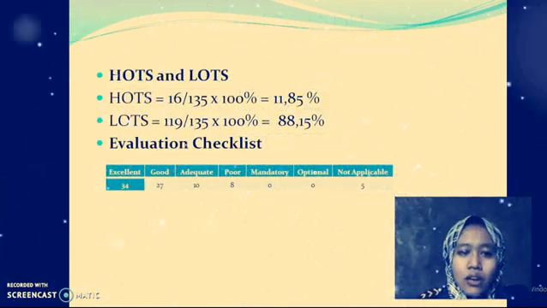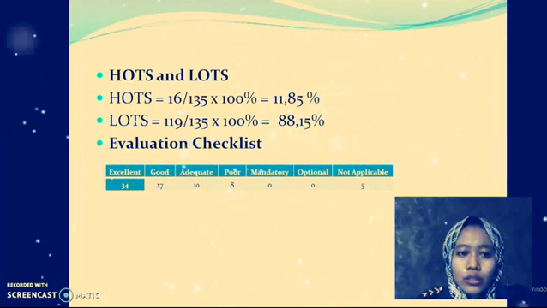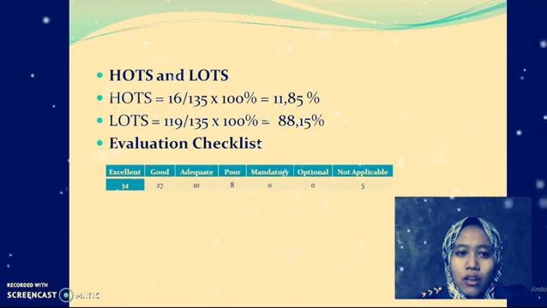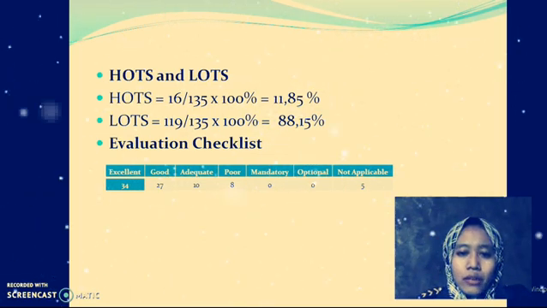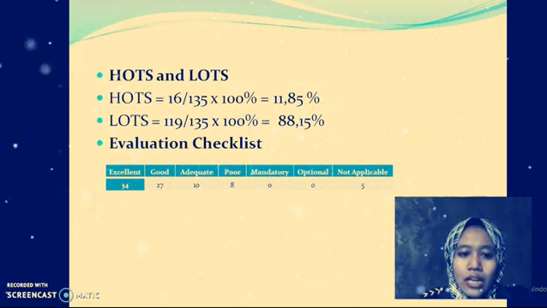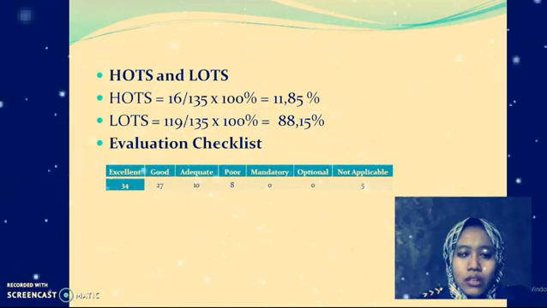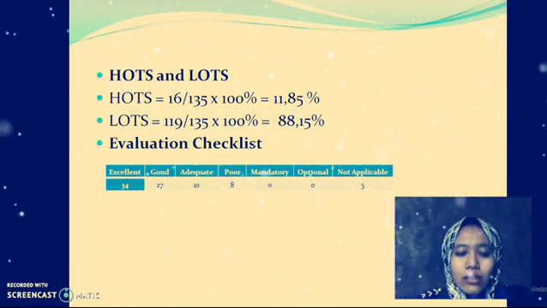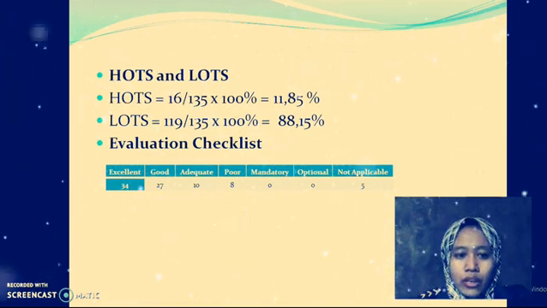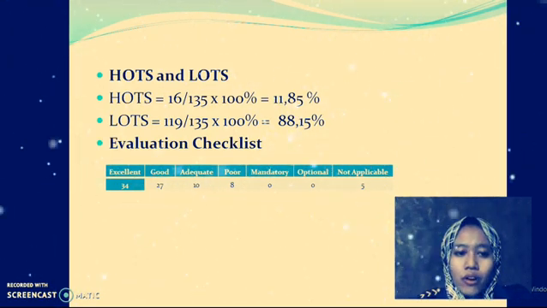And for HOTS and LOTS, HOTS in the textbook gets 11.85%, while LOTS gets 88.15%. For the evaluation checklist, the excellent criteria get the highest point of the textbook, that is 34 criteria fulfilled for excellent.